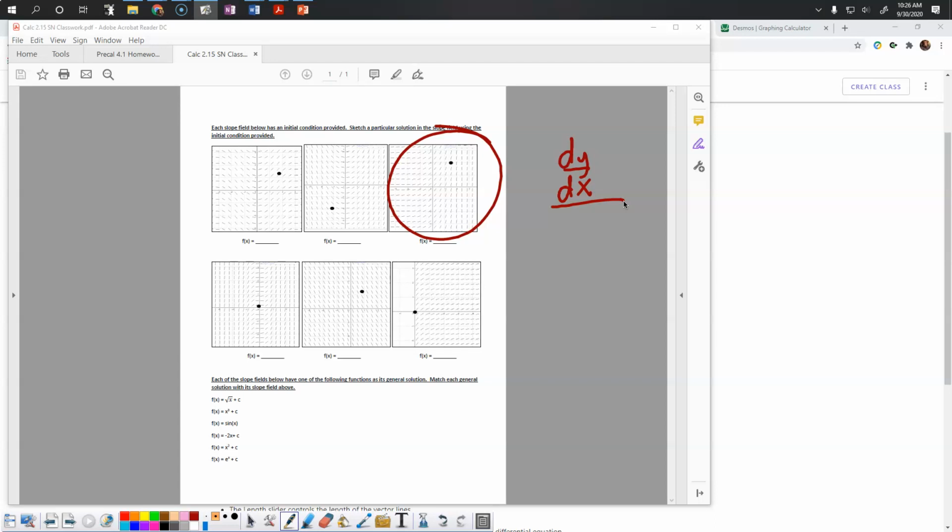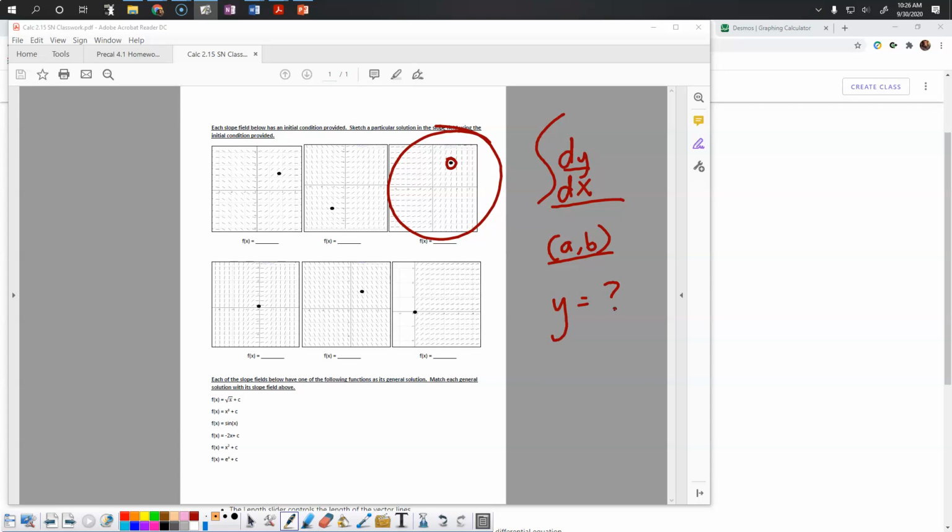But today we also learned about initial conditions. And we know from way back in lesson 2.2 that when you integrate a differential equation and plug in the initial condition, you can find a particular solution.